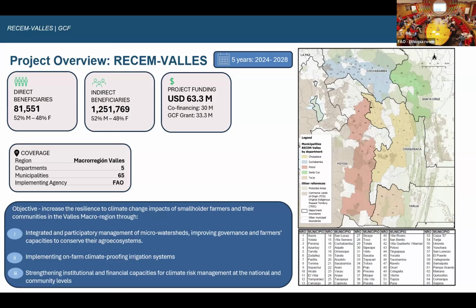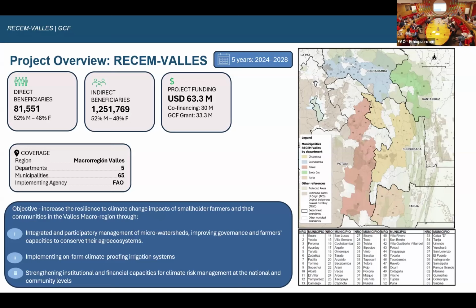This is something that we're working a lot on with the GCF because it's not just those that directly receive the project, but the household as a whole. So when you will see later the type of intervention, the technologies that we are promoting with the country office, you will see that the numbers simply do not adapt to what you will see there. But this is because of the definition of beneficiaries.